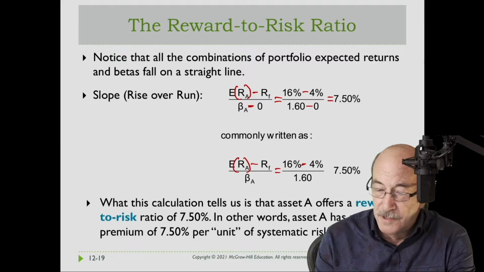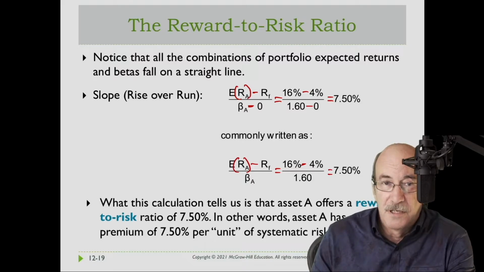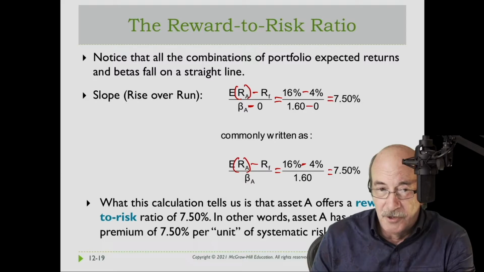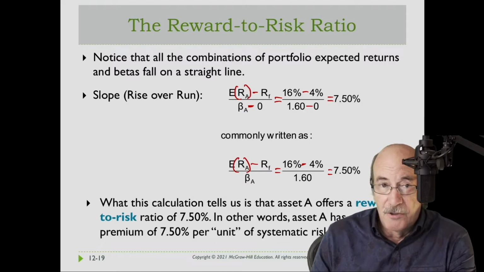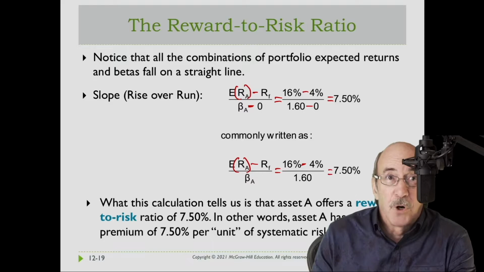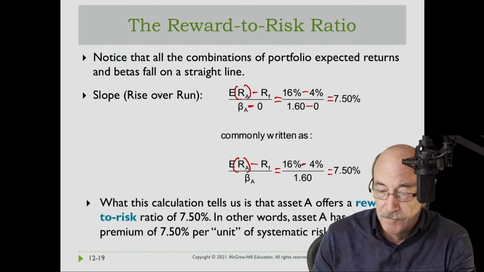And I look at this and it's still messy. Don't know what happened there, but I didn't have time to switch it around again. But there are the actual operators in there. So that's our reward to risk, 7.5% per unit of beta risk.